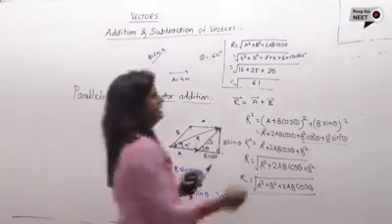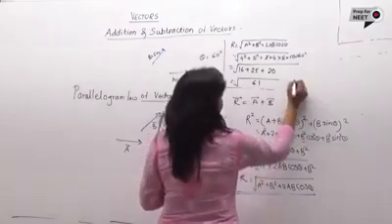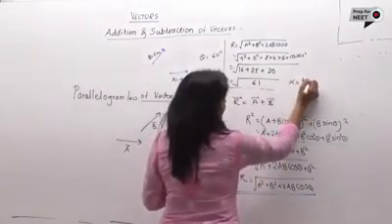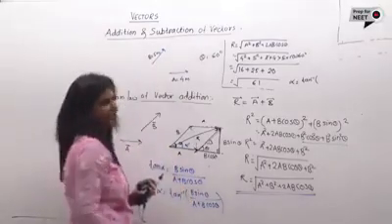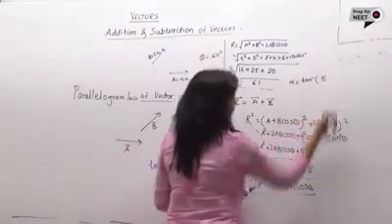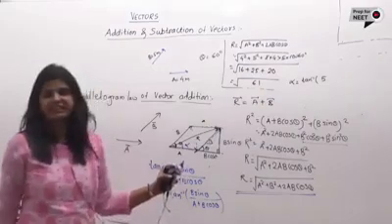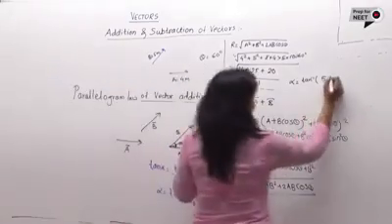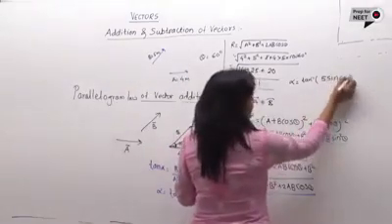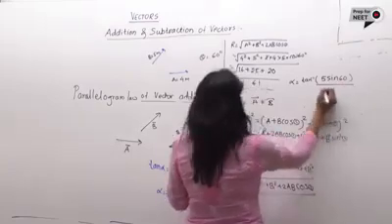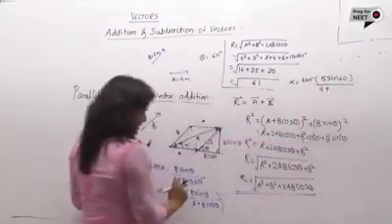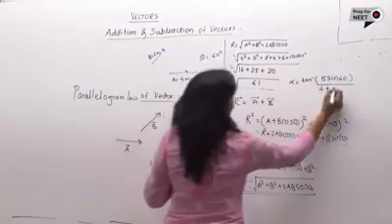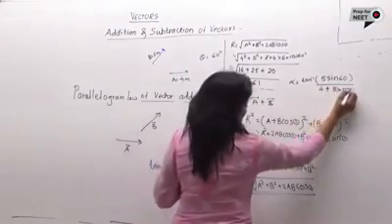Now, if I ask you to calculate the direction, that is the angle made by the resultant with the horizontal, how to get it? Alpha is equal to tan inverse of, what is the value of B? B is 5 meter, so 5 into sine 60. How much is sine 60? Sine 60 is root 3 by 2, divided by A plus B cos theta, where A is 4 and B is 5 into cos 60.